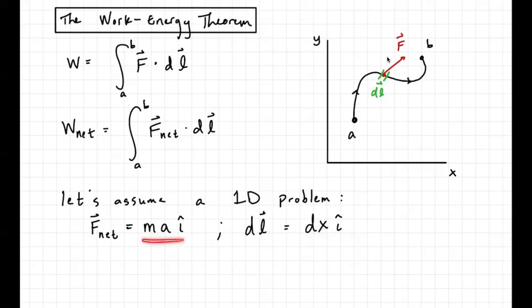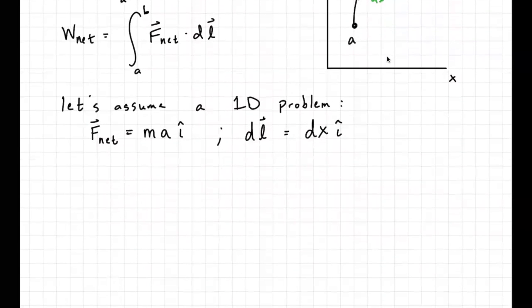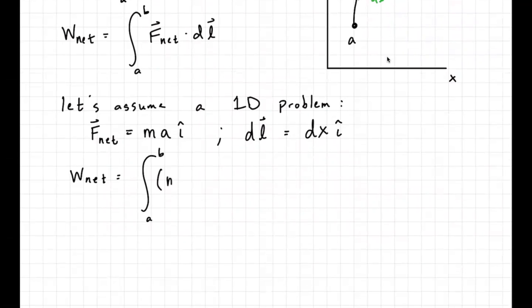Okay, so writing things this way allows us to do some fun things with the integral expression. The net work will be equal to, starting at A and ending at B, I'm going to just plug in here: ma i hat, that's the net force, dotted with dl, dx i hat. So i hat dot i hat gets 1.